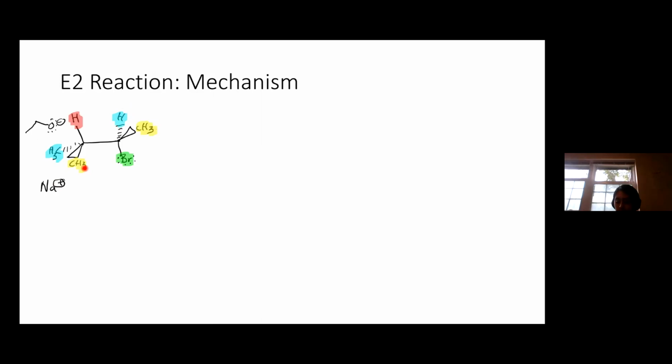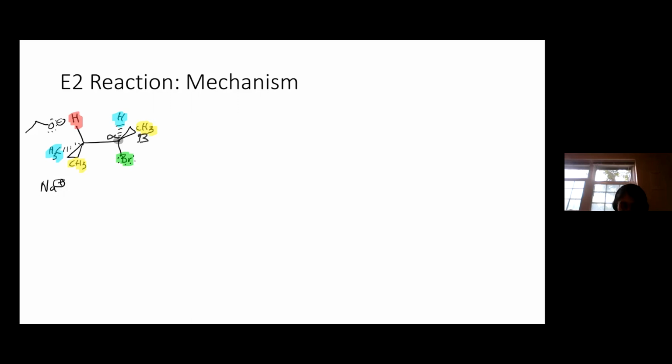We have our hydrogen right here that's going to be removed. Just to reiterate the reason why I chose this hydrogen: this is the alpha carbon right here, because the Br is attached to that carbon. The carbon where the leaving group is attached is the alpha carbon, and those carbons next to it are beta.